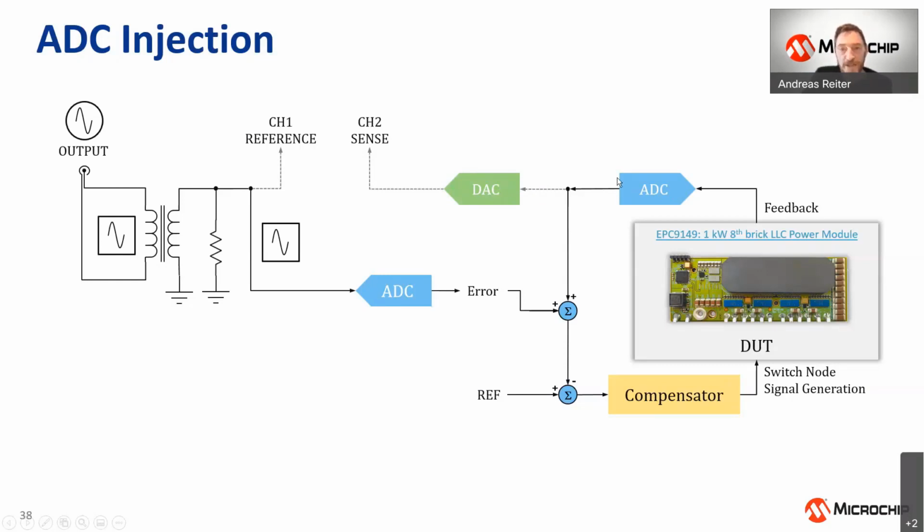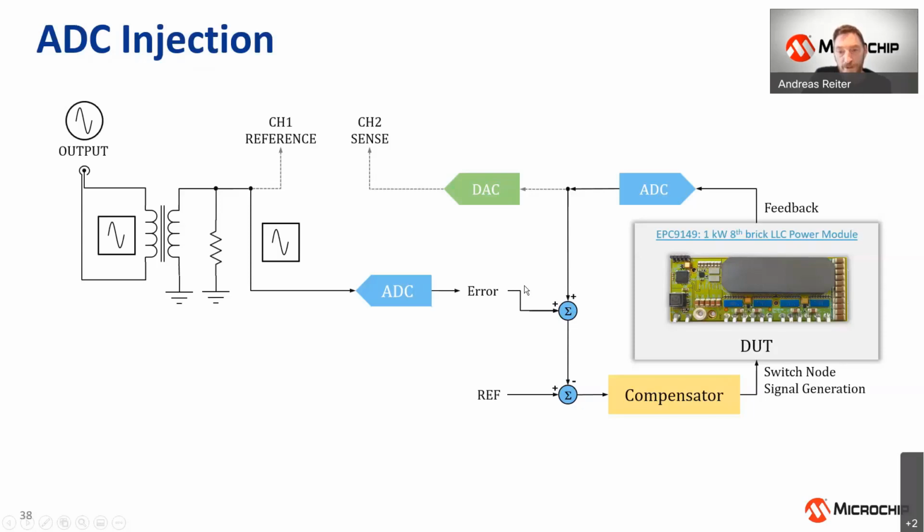The influencing factors are the so-called zero order holds. We have a time delay where the ADC is picking up that error signal, and that error signal is also incorporated into our feedback path, which would usually not be the case. Usually we're just reading the result from the ADC and directly calculating the error and executing our compensation filter. But here we have this additional error injection sum in between.